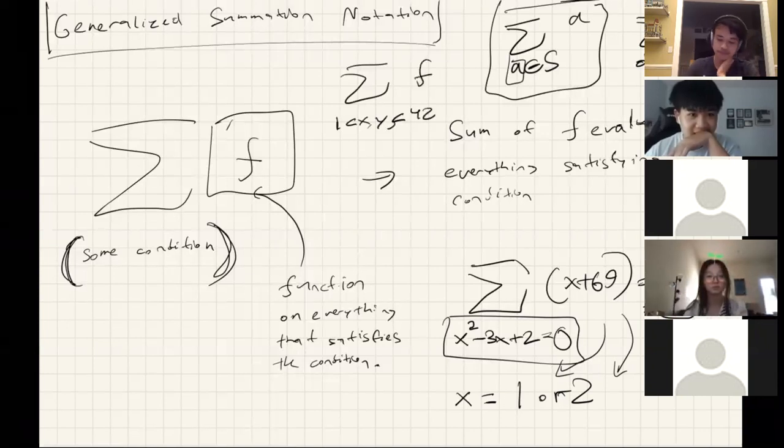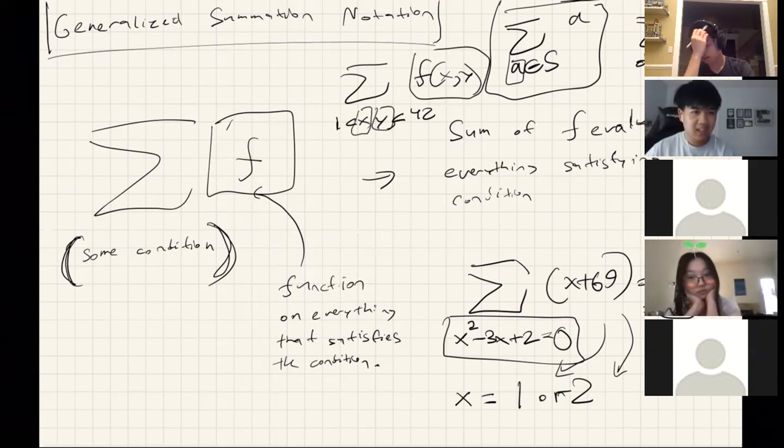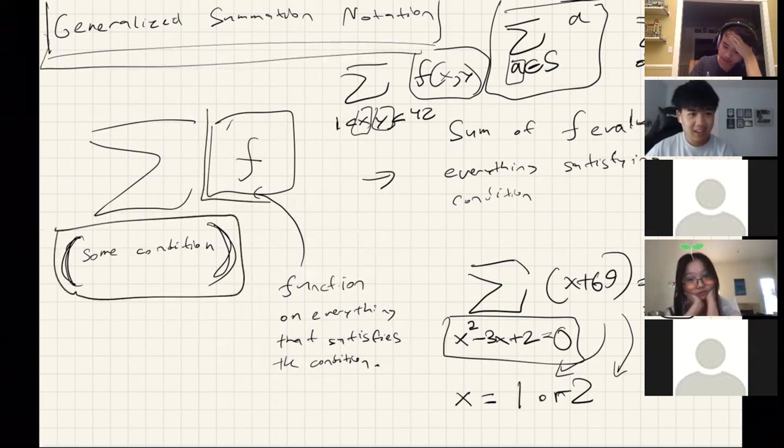So then you'll be summing up this function evaluated over all integers x and y that are between 1 and 42. So anyways, that's generalized summation notation. Just keep track of what's on the bottom and what's the function that they're asking you about.